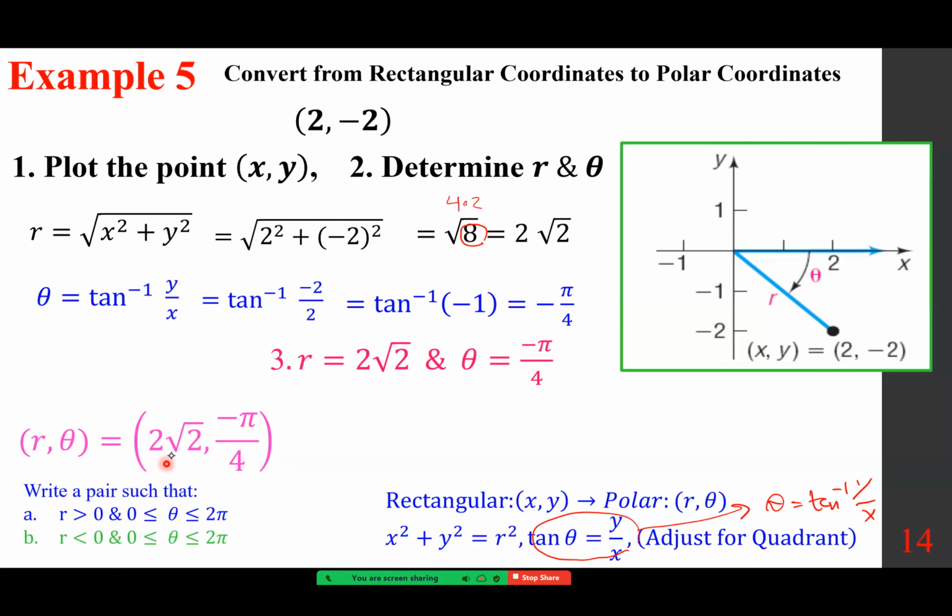That's not going to change, but theta, we want it to be between 0 and 2 pi. All you have to do is make this positive. How? Add 2 pi. If it's not enough, add 4 pi, 6 pi, 8 pi until it becomes positive. So I add 2 pi. If I add 2 pi to negative pi over 4, I get 7 pi over 4.